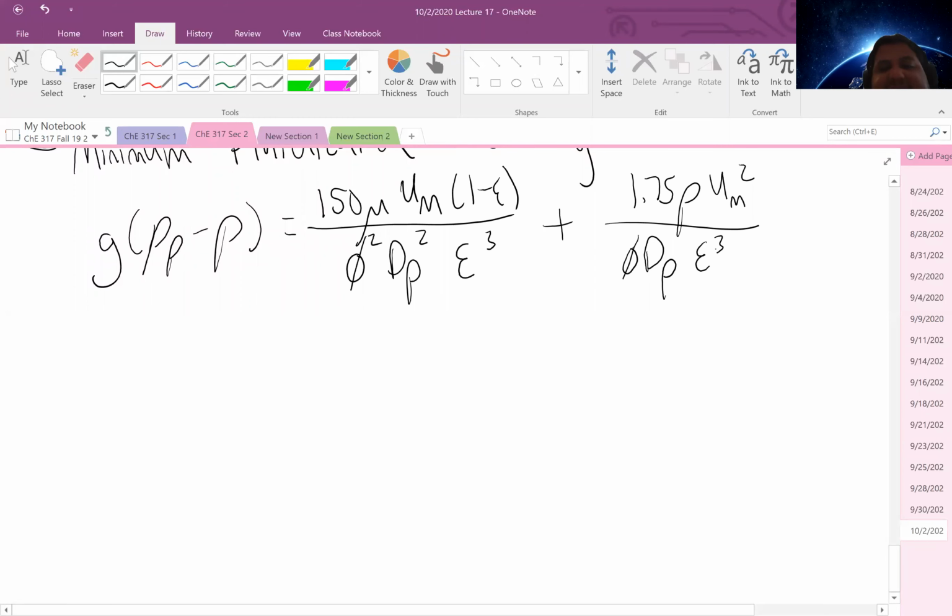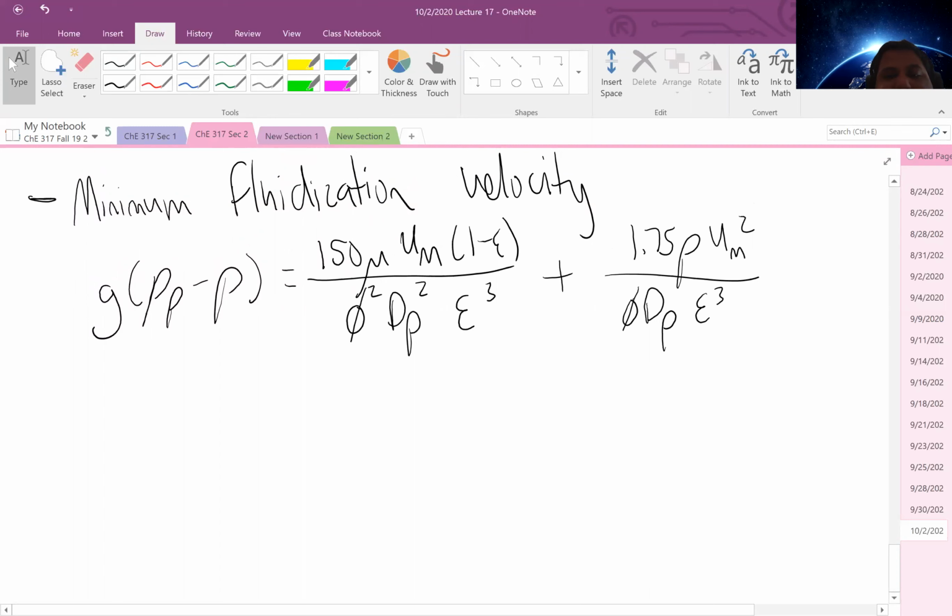And so what we can see in this system is the same kind of relationships associated with a laminar portion of flow.